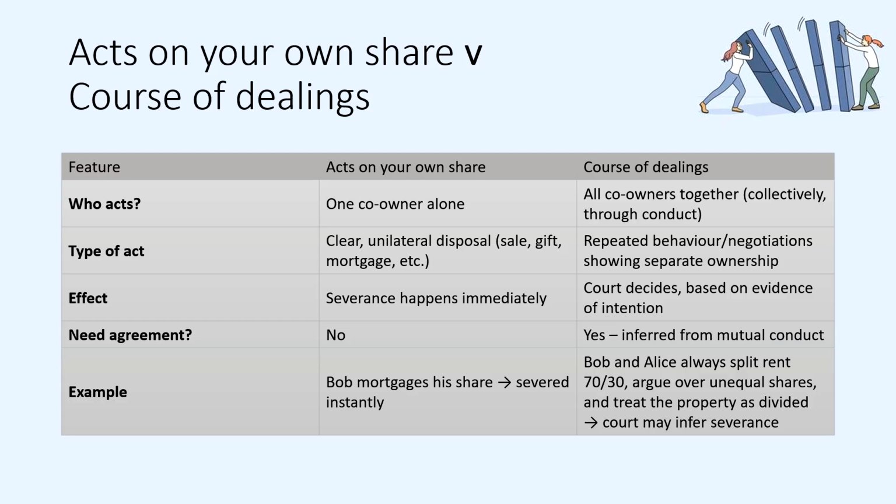So if you are unsure what's what, this table should help you decide. Acts on your own share are actions that one co-owner is taking, and severance happens immediately upon that single act, even if it's something that's just unilateral without any kind of agreement.